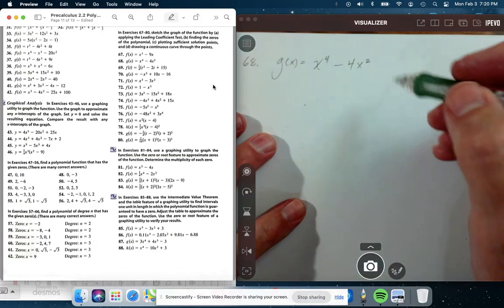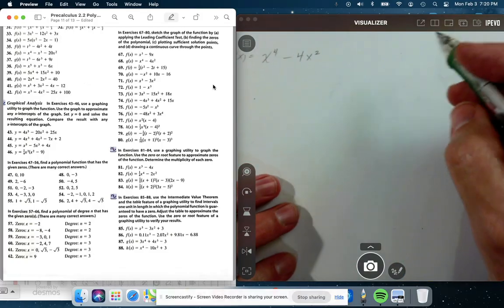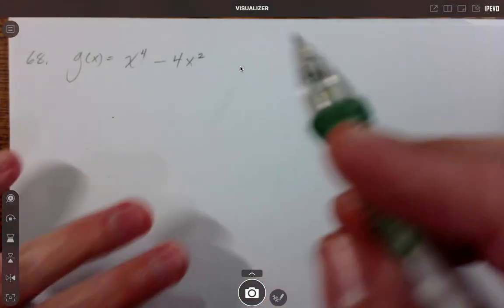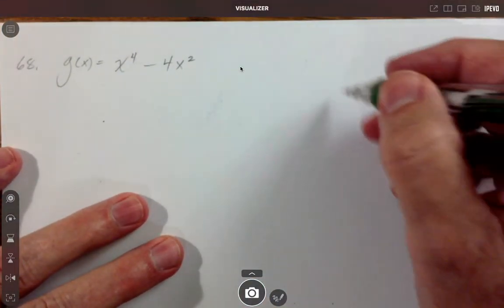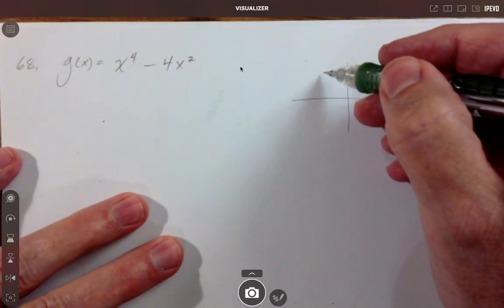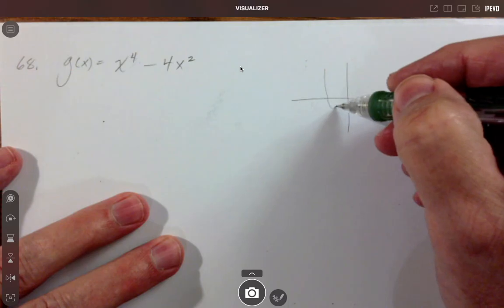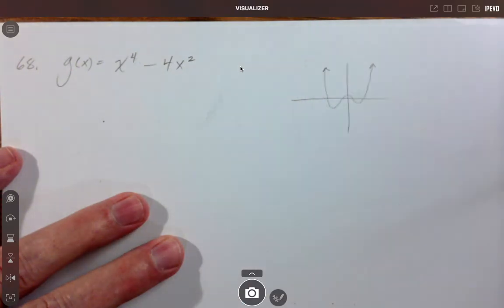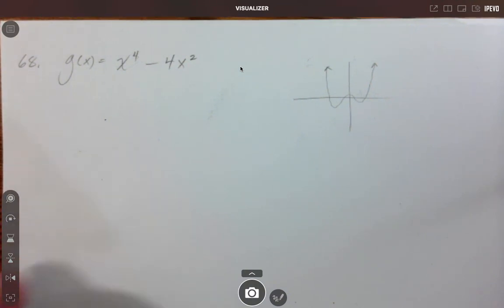So I know this function is going to do something like, let me zoom this in, maybe something like this, right? How do I know that?